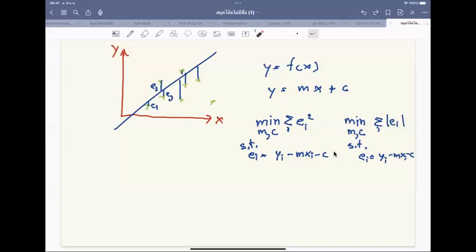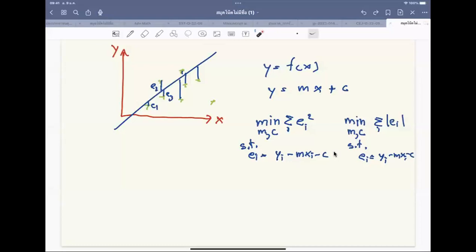Minimize the maximum deviation. Yeah, right. We want to find the M and C, which is our decision variable at the first place, in order to minimize the maximum error.